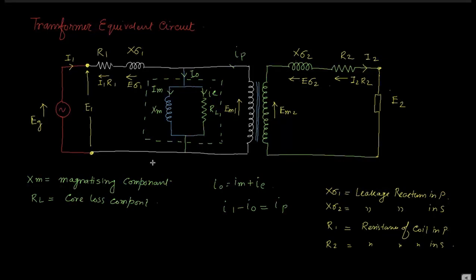But we cannot make this I naught part 0, because whether current is induced in the secondary side or not, there must be some core loss and some magnetizing component loss inside the core if you put some EMF in the primary side.